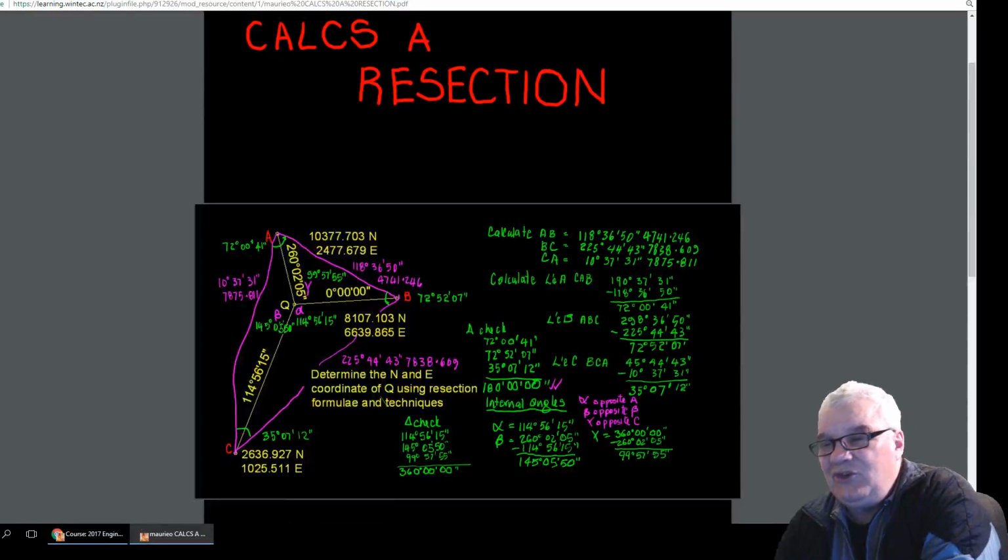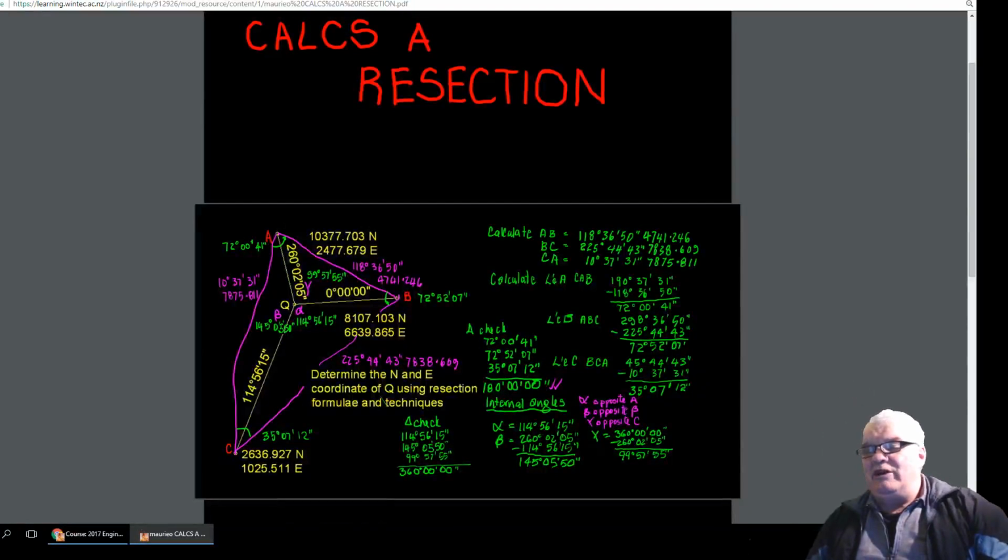We're able to do the same thing, like we saw last week, where we set up the GPS and then did a site calibration. So we can set up our instrument at a random point, and then we can measure the bearing or angles and distances to known points to determine our position.